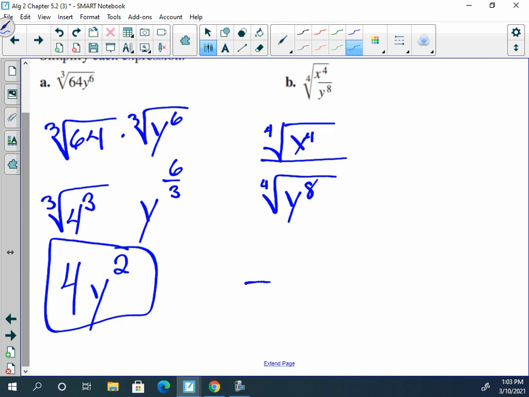Now I'm going to do exactly what we did on the previous one: we can rewrite these as fractional exponents. Since x is to the 4th power, it's 4 on top, and since the root is 4, 4 goes on bottom as well. For the denominator, we would have y, the exponent would be 8, and it would be over 4.